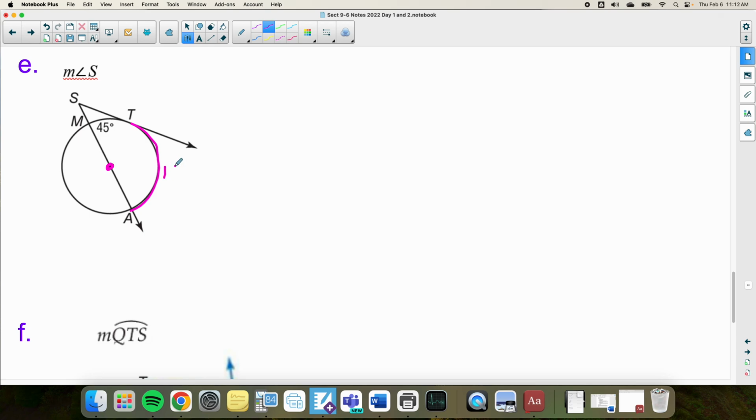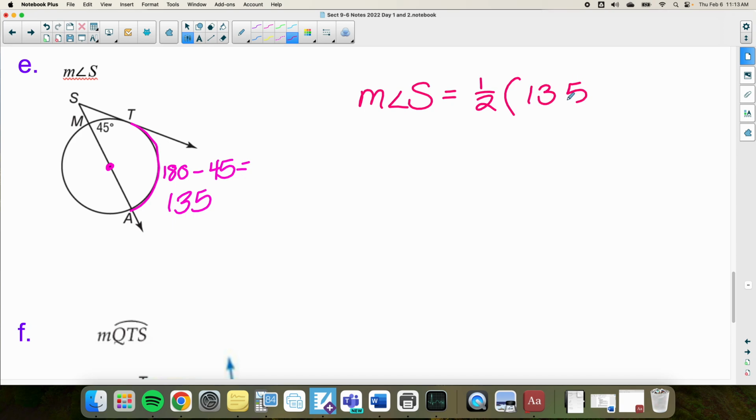So like Lexi said, then this length is going to be 180 minus 45, which is 135. Okay? So then the measure of angle S is 1/2 times the furthest away arc, 135, minus the closest arc, 45. So that would be half of 90, which is 45.